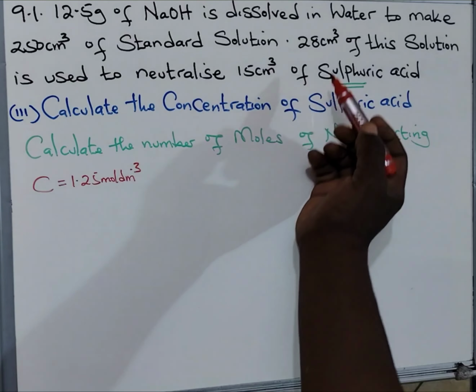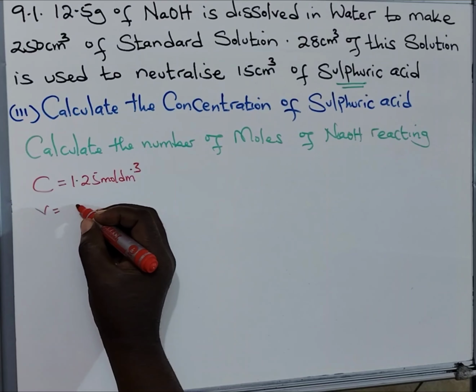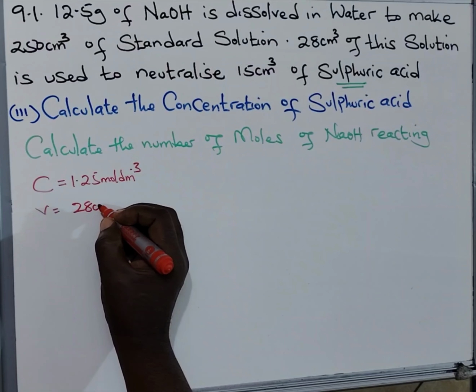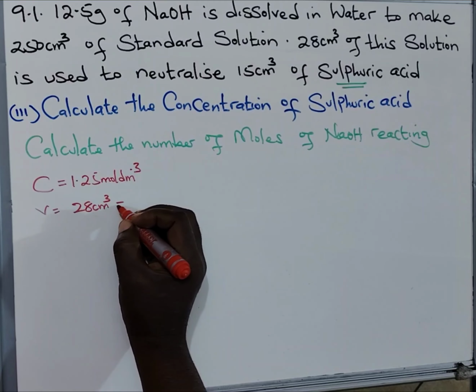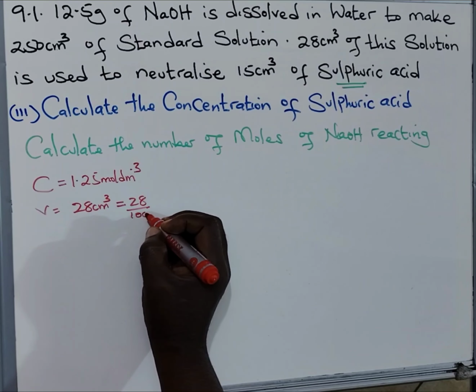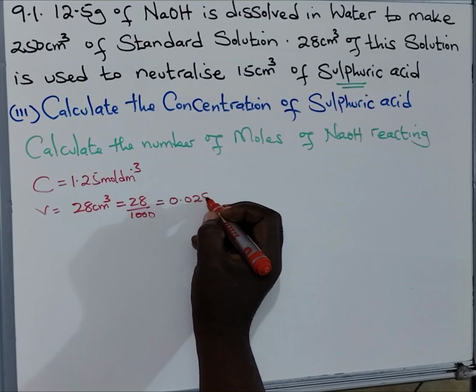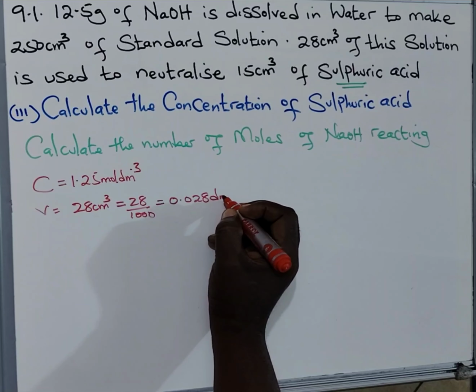We know the volume of sodium hydroxide which is reacting, it is 28 cubic centimeter. Converting it to cubic decimeter, we divide by 1000, giving you 0.028 cubic decimeter.